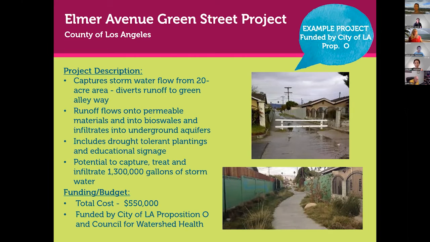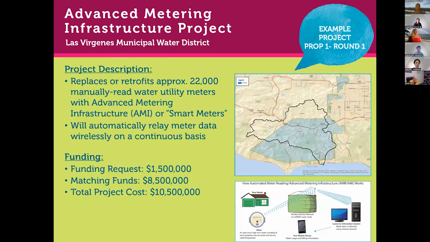Yeah, great. Thank you. Next slide. Yes. So advanced metering infrastructure, we don't have to spend a lot of time focusing on this, but this is definitely an important tool that we have available to us, a technology that replaces old manually read water utility meters with AMI or smart meters that can share data to your smartphone, help you identify more quickly if there's a leak or a problem, and give you feedback immediately about how much water you're using, so that you can try to reduce your use in your home or your business.